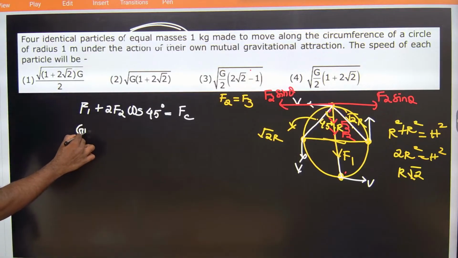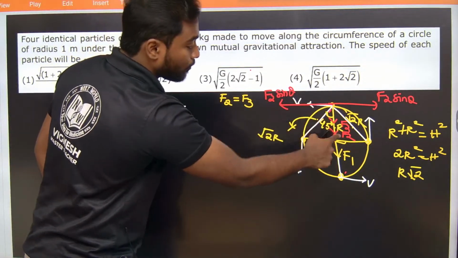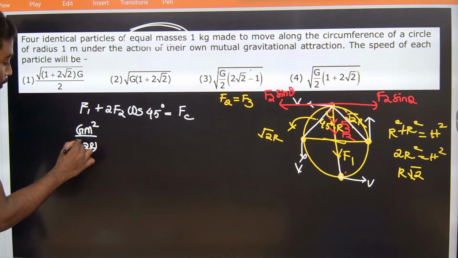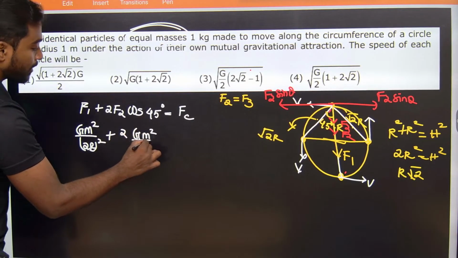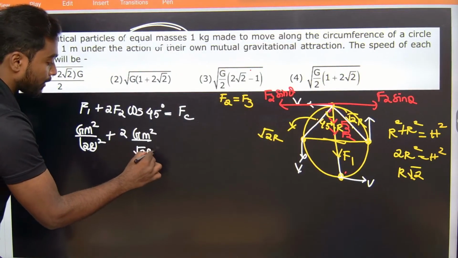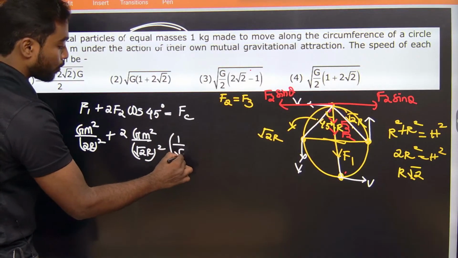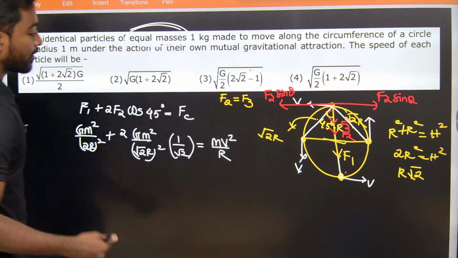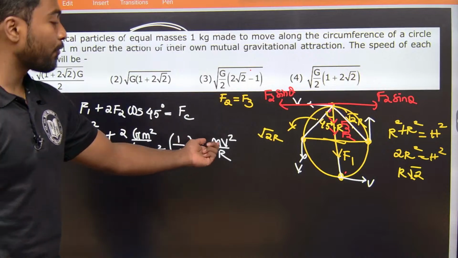So G m square by the distance between the first mass and second mass, which is r plus r, 2r, the whole square, plus 2 times G m square by the distance root 2 r the whole square, times cos 45, which is 1 by root 2, is equal to m v square by r. From this equation I can find the value of v.